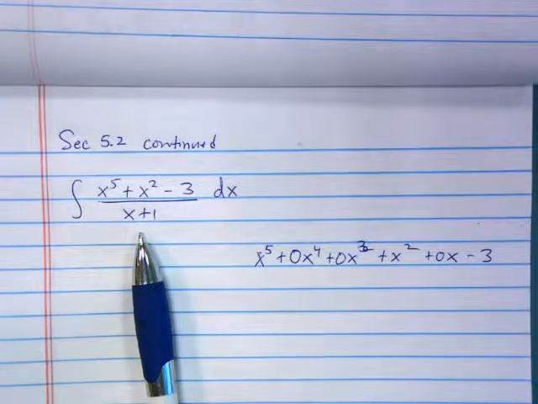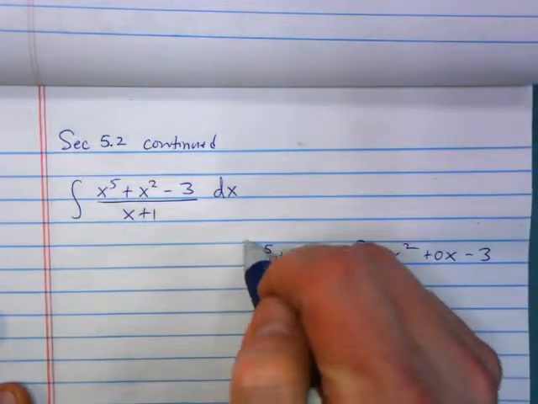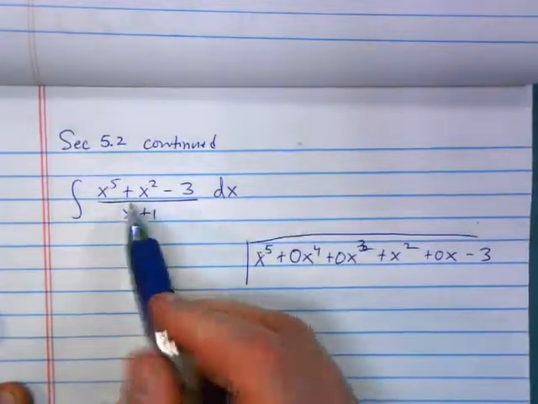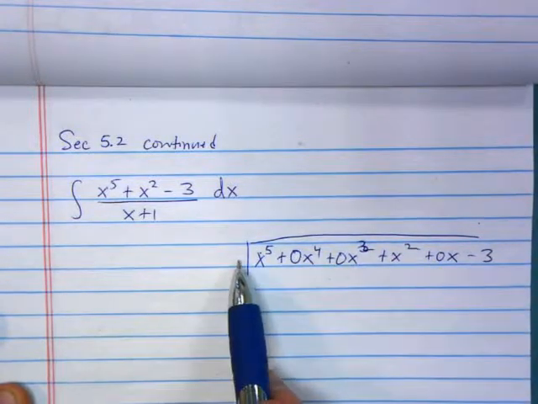We will learn soon. That's a trigonometric substitution problem. Okay? If it was x squared plus 1, then again we would have to write x squared plus 0x plus 1. You'd have to fill in there too.